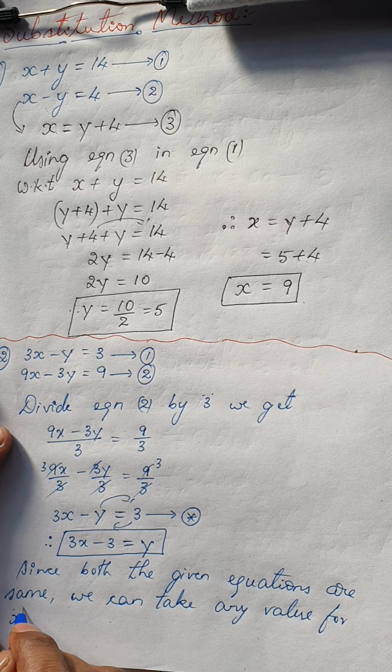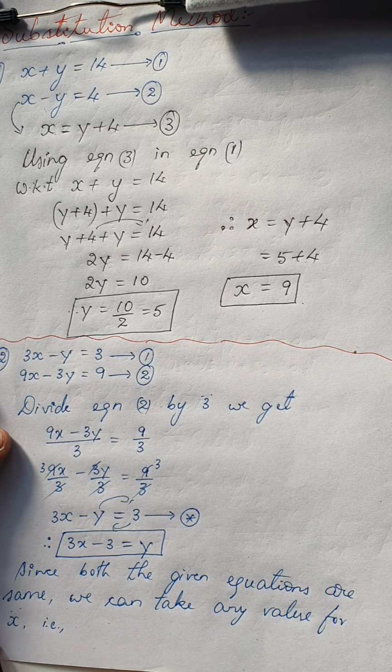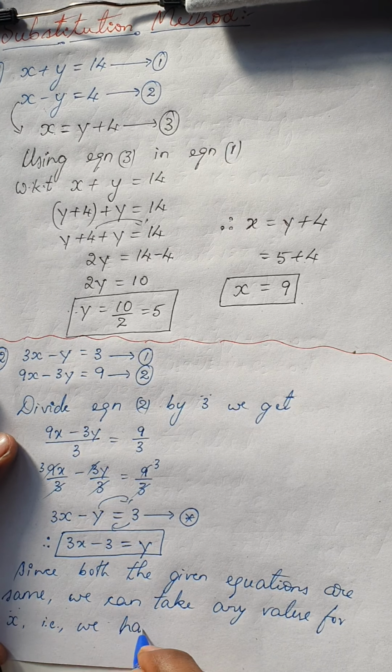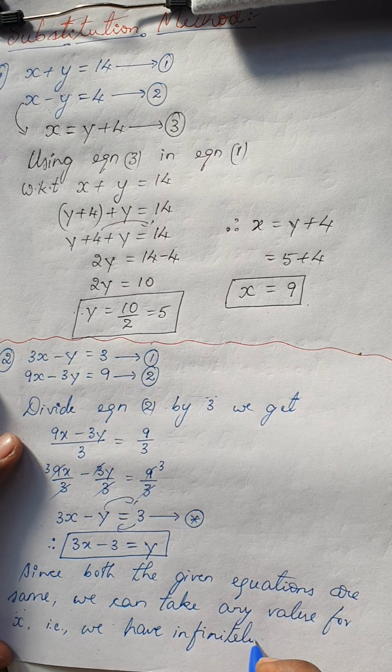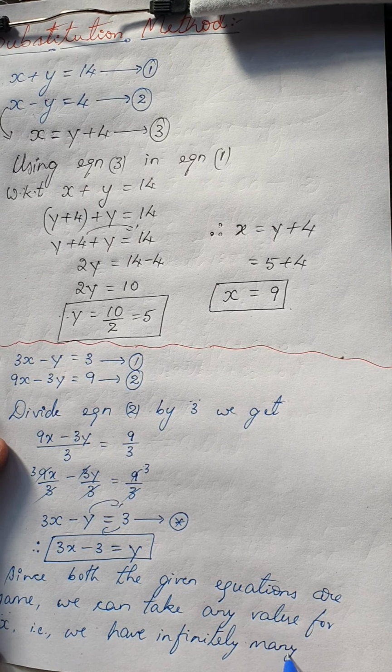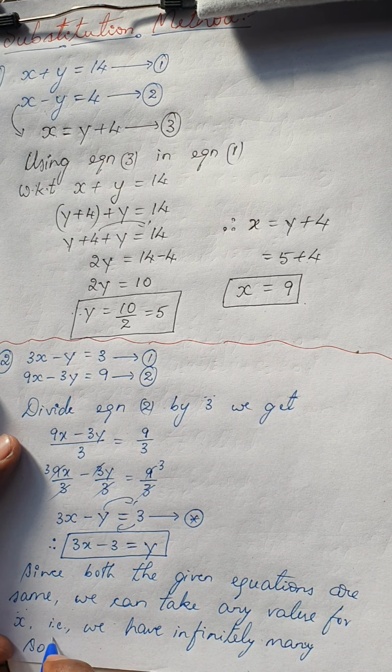What do you mean by we can take any value for x? That means x can have, we have infinitely many solutions. Okay, we have infinitely many solutions.